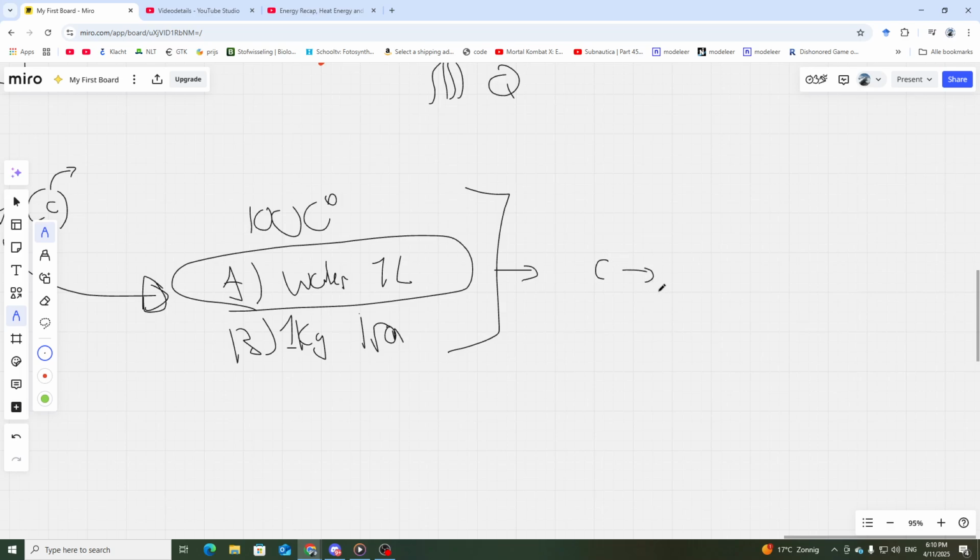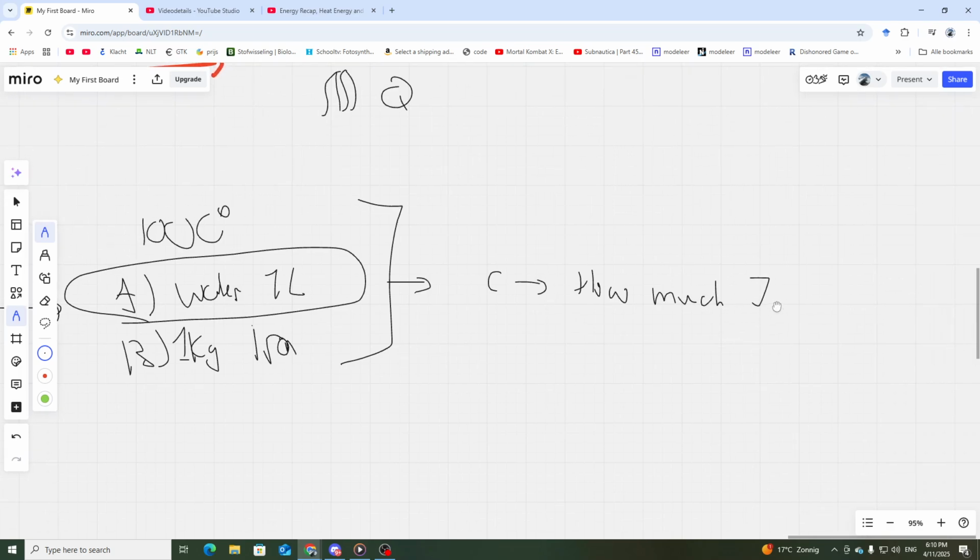And what this means is how much energy, or heat, in joules is needed to warm something up. And this is a non-scientific definition.